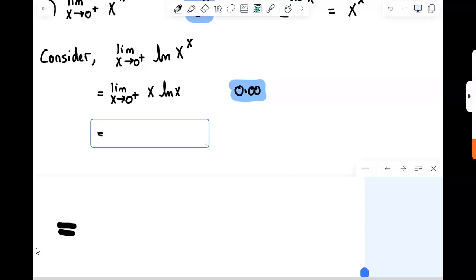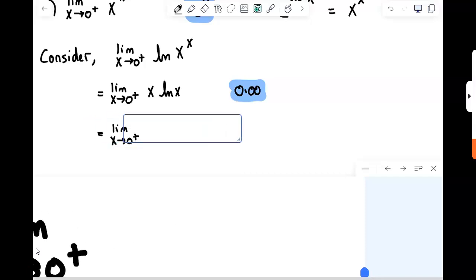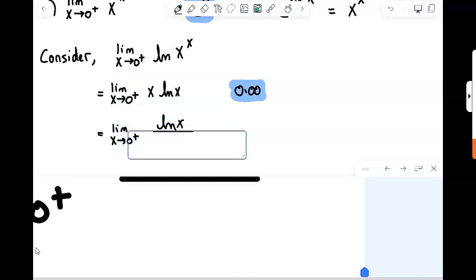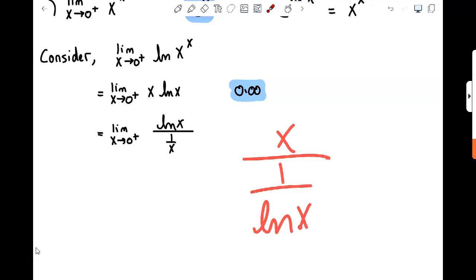Now, you are free to choose, but let's be quite frank, we definitely would prefer ln over the reciprocal of the other, compared to doing x over the reciprocal of the ln.